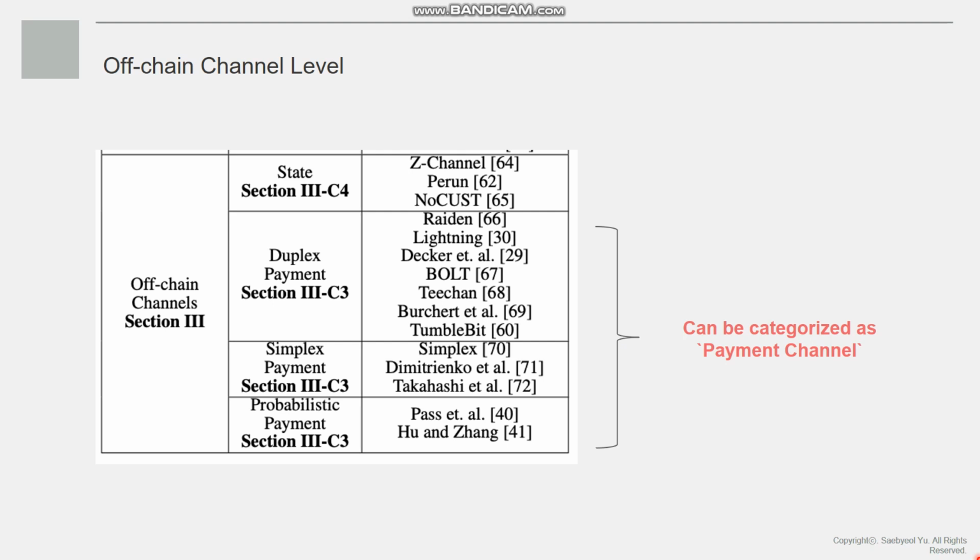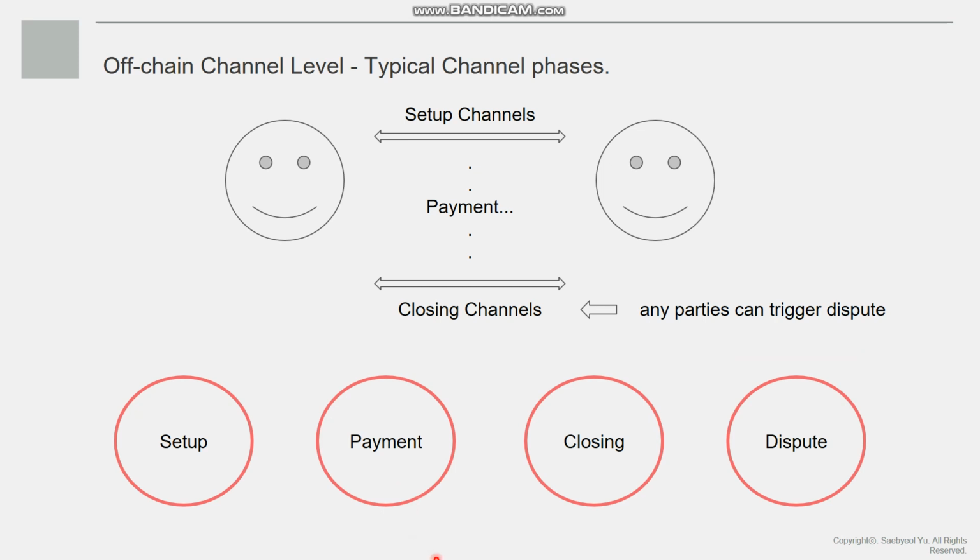In the off-chain level, the state can be categorized as payment channel. This is the basic of the typical channel phases. In the setup phase, two parties lock funds into the blockchain, where the sum of funds is the capacity of the channel. In the payment phase, the parties can exchange funds without interaction, regardless of the confirmation time of the blockchain system.